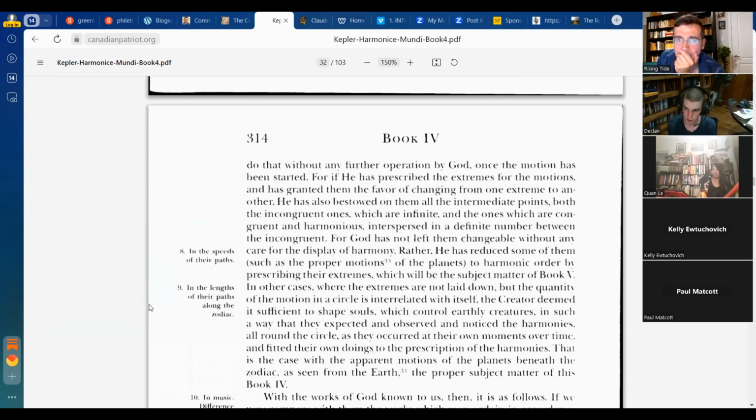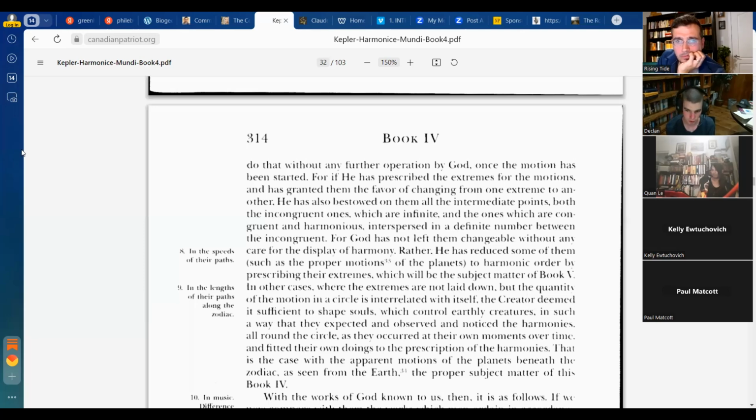For if he has prescribed the extremes of the motions, and has granted them the favor of changing from one extreme to another, he has also bestowed on them all the intermediate points, both the incongruent ones which are infinite, and the ones which are congruent and harmonious, interspersed in a definite number between the incongruent.